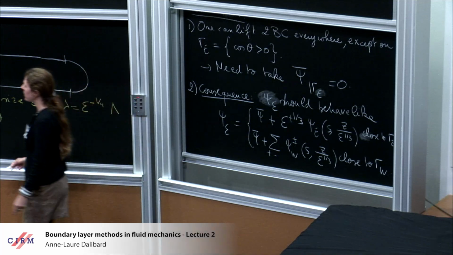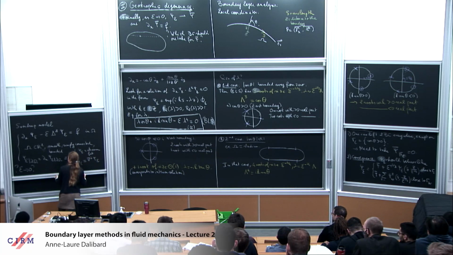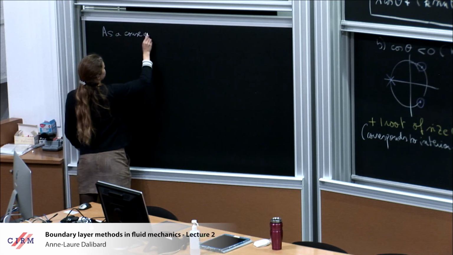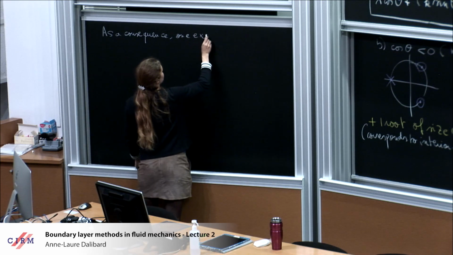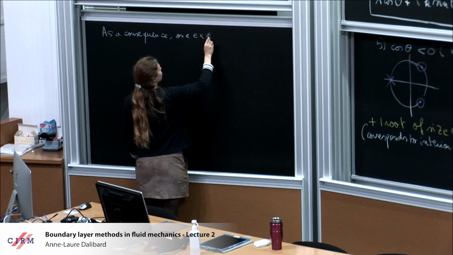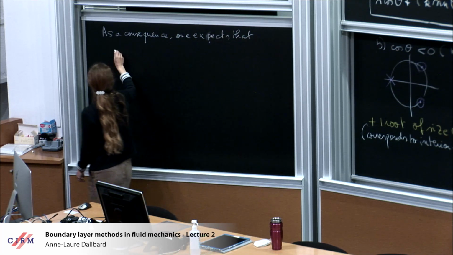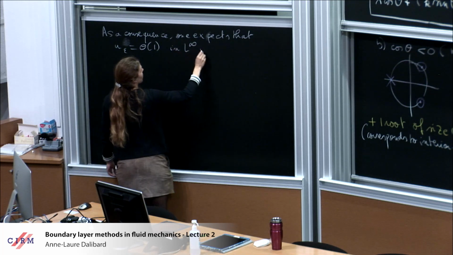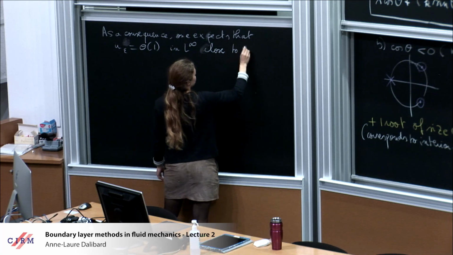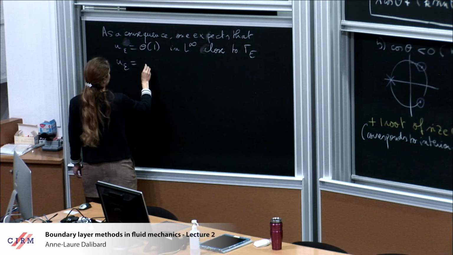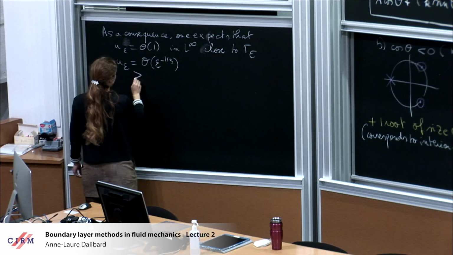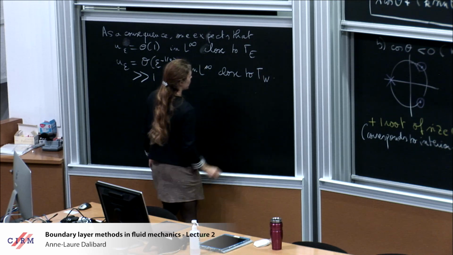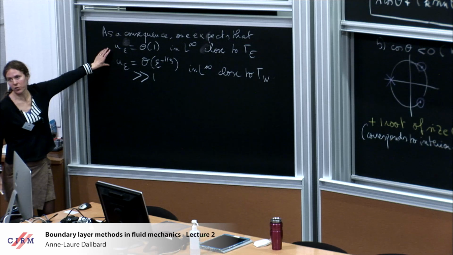Okay, so let me write that down. Maybe I'll keep the model. So as a consequence, one expects that U epsilon is bounded in L infinity close to gamma E. And U epsilon is of order epsilon to the minus 1/3, so it's very large in L infinity close to gamma W. And this phenomenon is precisely what is called the Western intensification of currents.